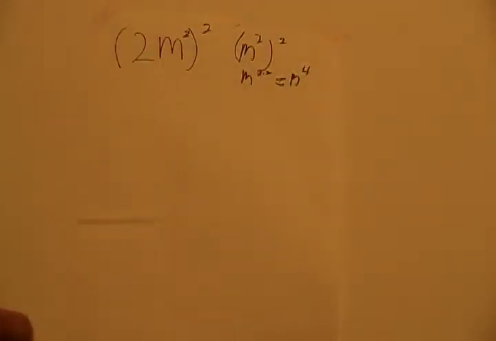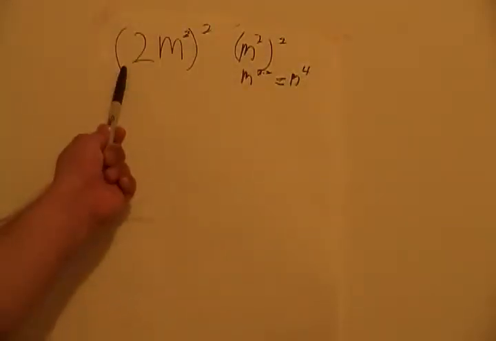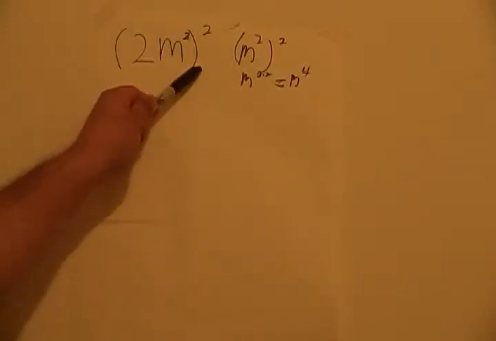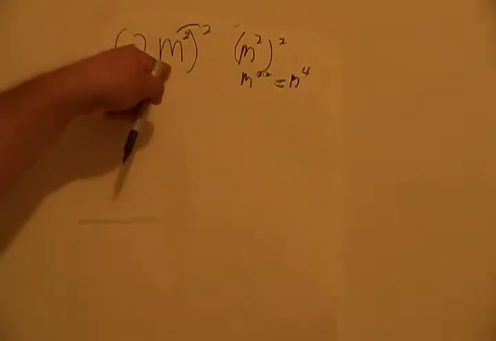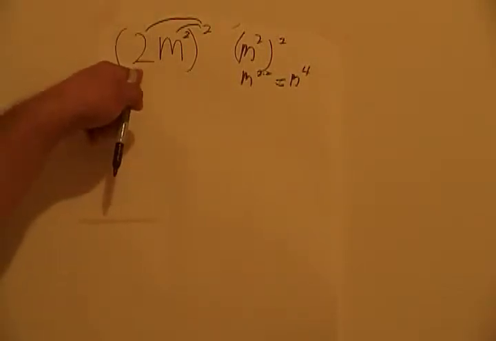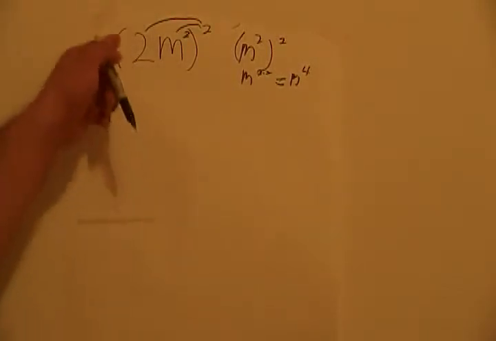Easy enough, right? Well, if you have a monomial like this whole thing squared, what you're going to do is distribute this power to the variable and also to the number. So be careful when you do this, not to go 2 times 2.